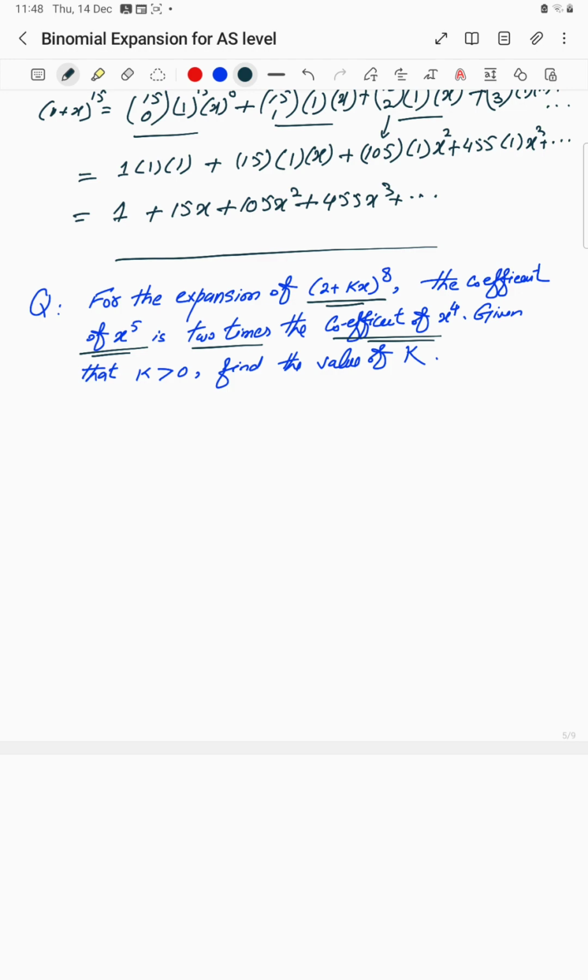But directly, whenever you are given specific terms, you can take this as a note: for the indicated term in the binomial expansion, we can have this formula.